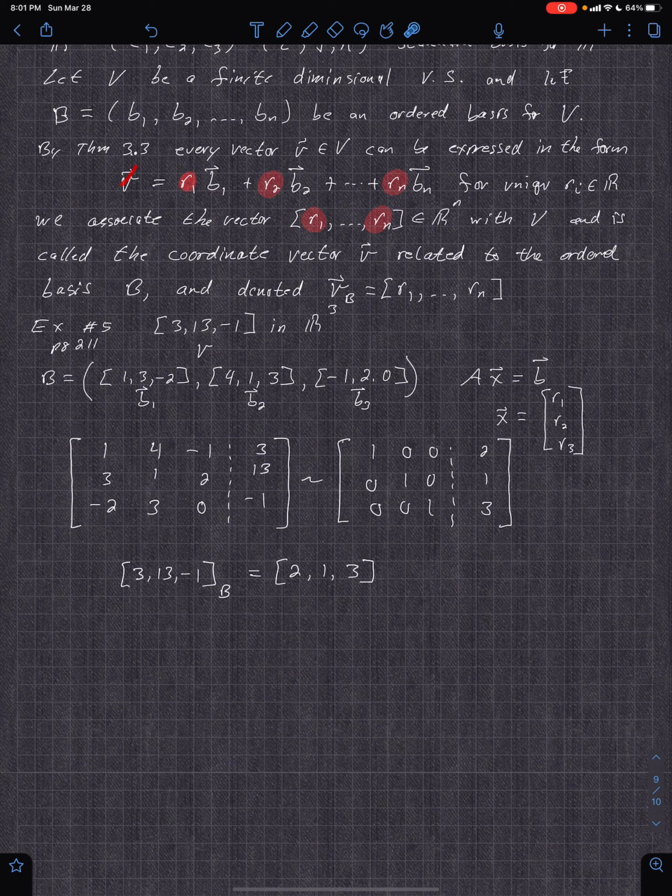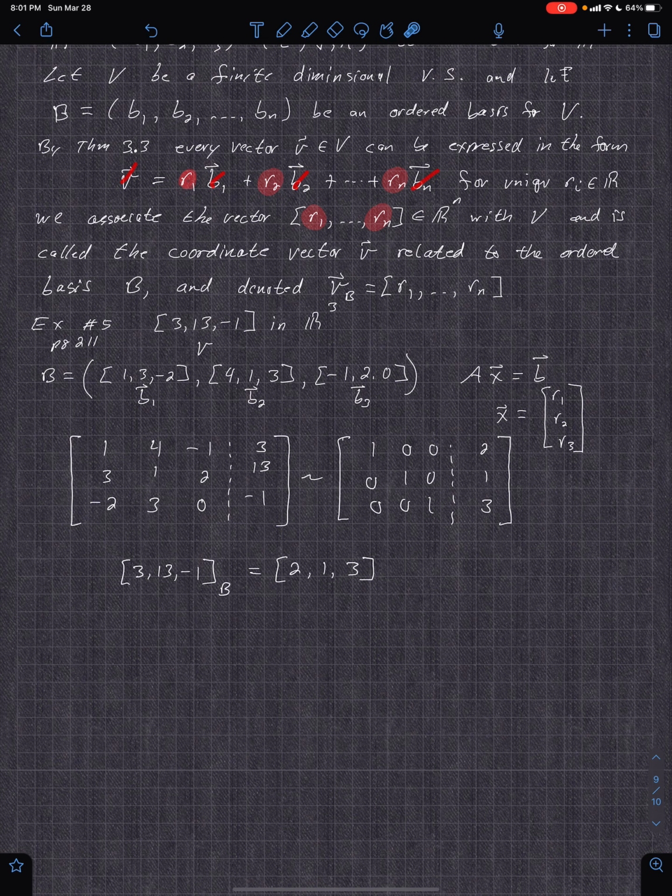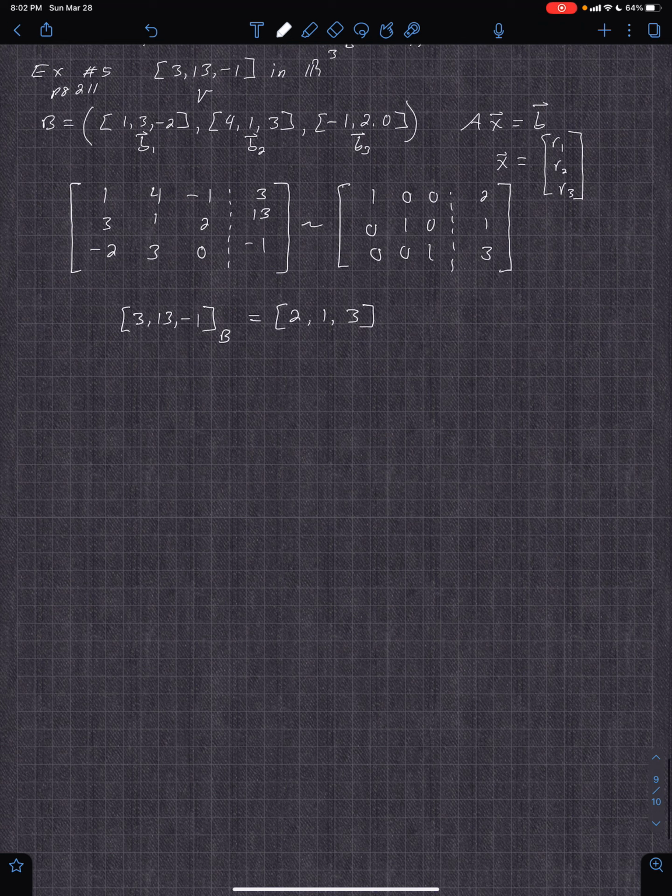This could be a polynomial, and these are polynomials, but the goal is to find those coordinates, the coordinatization. So it is to find the r's. The more important idea here is that by renaming the vectors in V by coordinates relative to B, the resulting vector space Rn has the same structure as V.